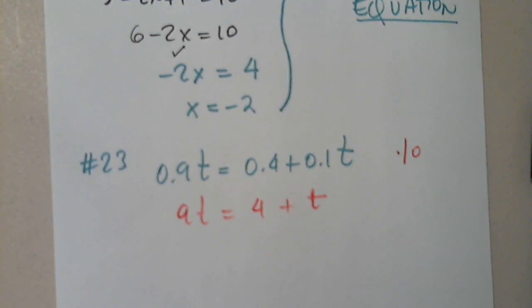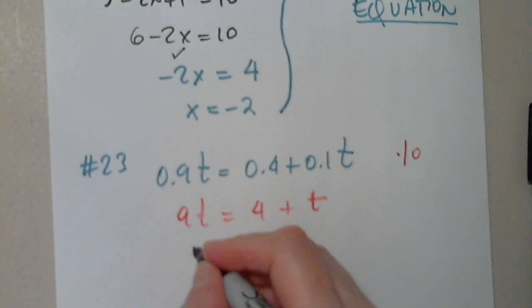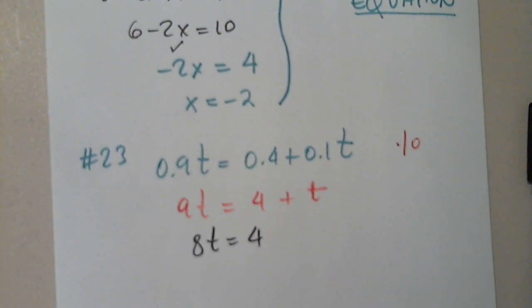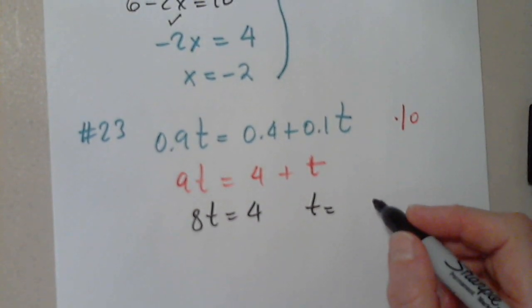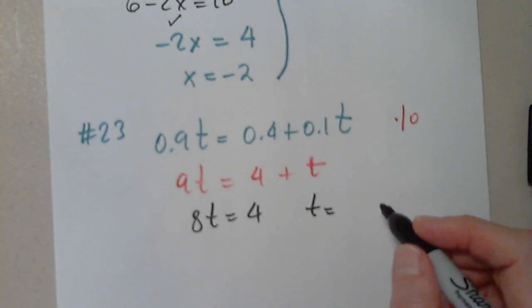See, if everyone contributes, I don't have to ask a particular student to say anything. Next step. Subtract t. Yes. When I subtract t, I get 8t equals 4. Finally, t equals. Axel. Yes. Wesley, Charles, I haven't heard from you yet.